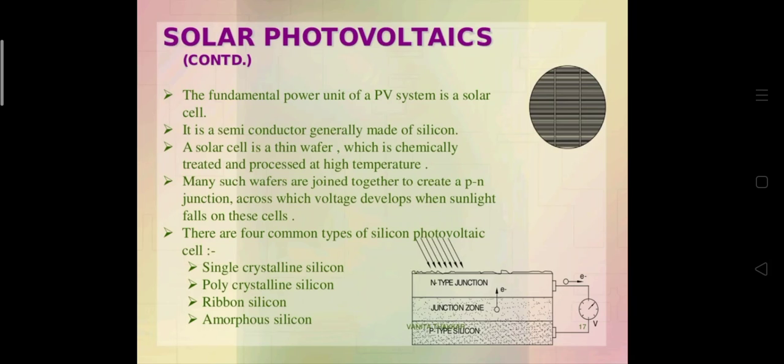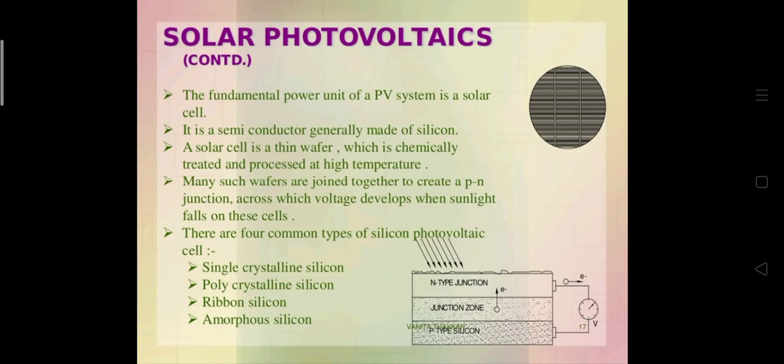There are 4 common types of silicon photovoltaic cells. Here is a diagram: an N-type material, a junction zone, and a P-type material connected together, forming a PN junction.